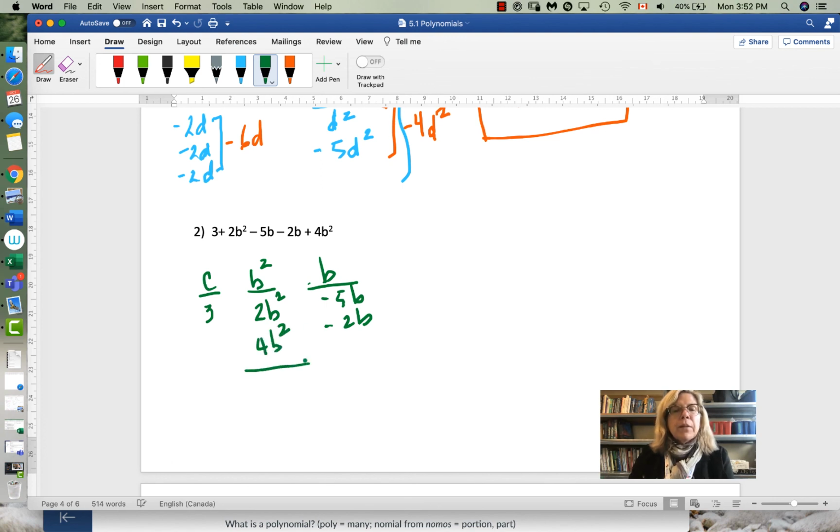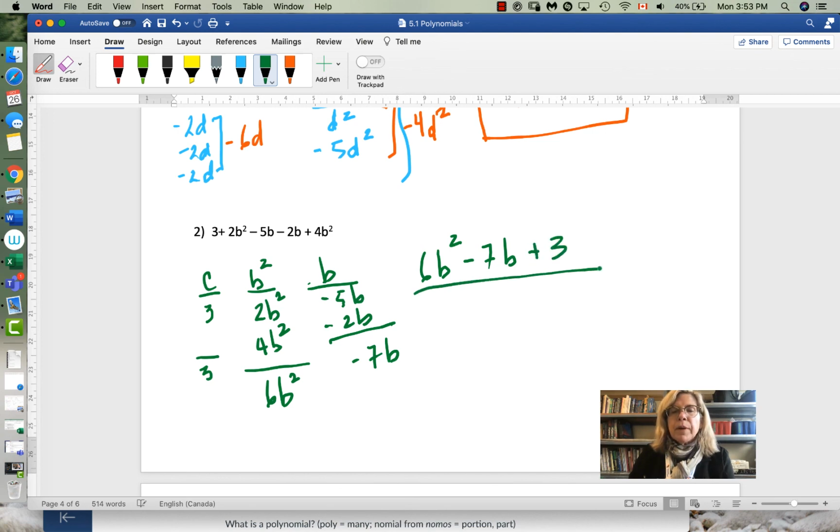Okay, well, if we add those together, 4b squared plus 2b squared is 6b squared. And minus 5b minus 2b is minus 7b. And 3 is 3. That's a constant. So if we put these in descending order, it would be 6b squared minus 7b plus 3. And that's simplified. Okay. Good.